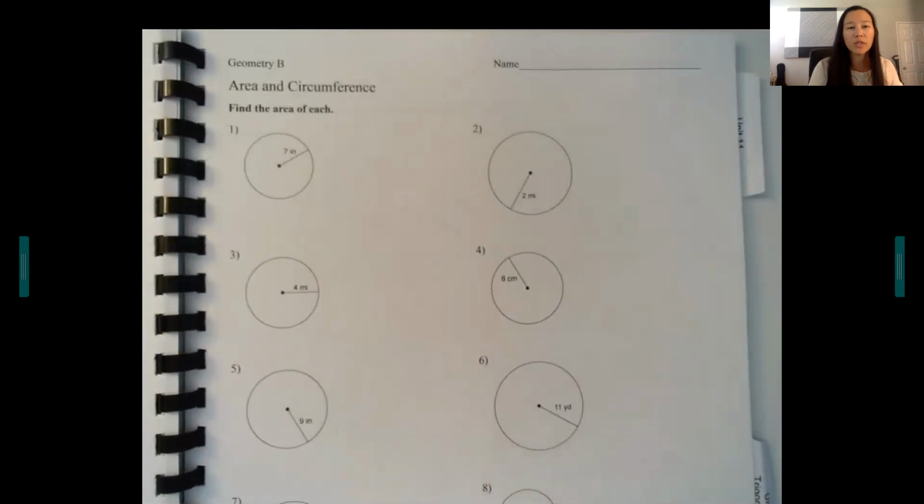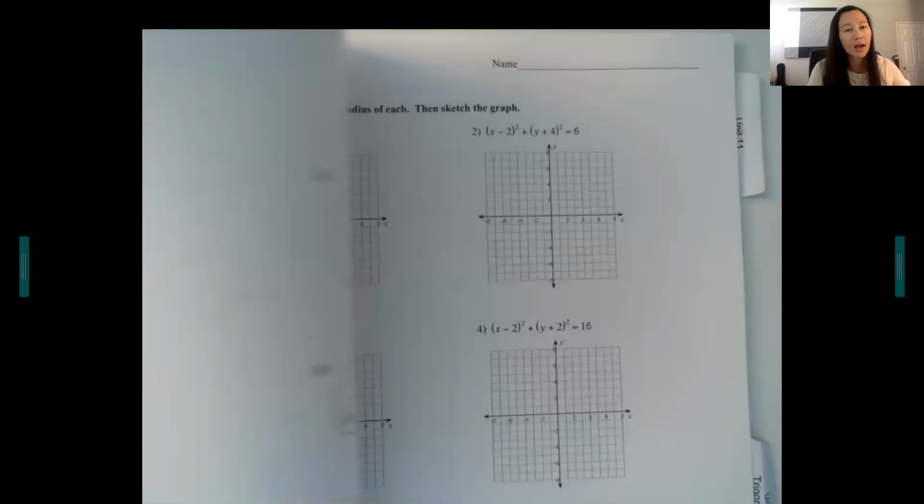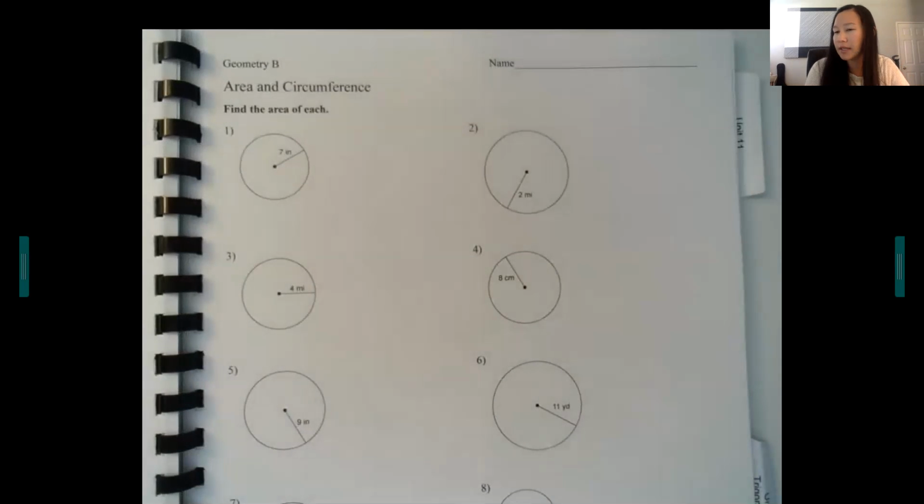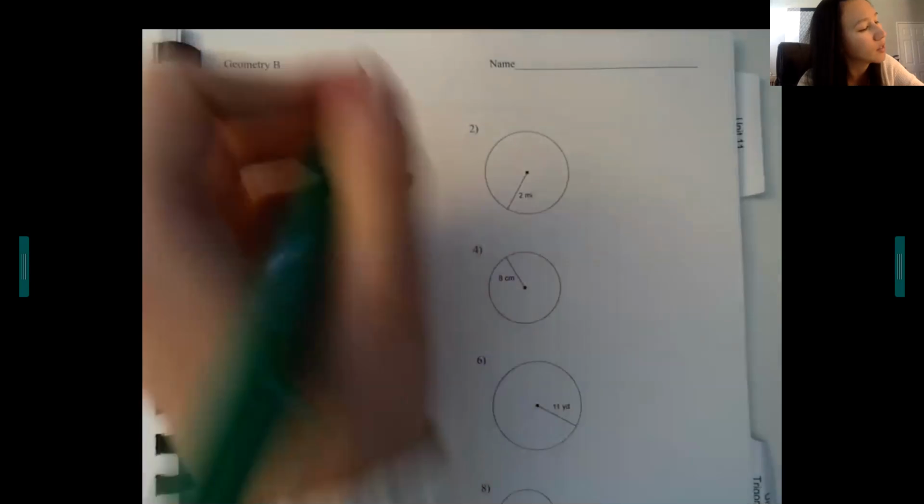So on the front page, we're just finding the area, and then on the back, we are finding the circumference. So the area is pi r squared.